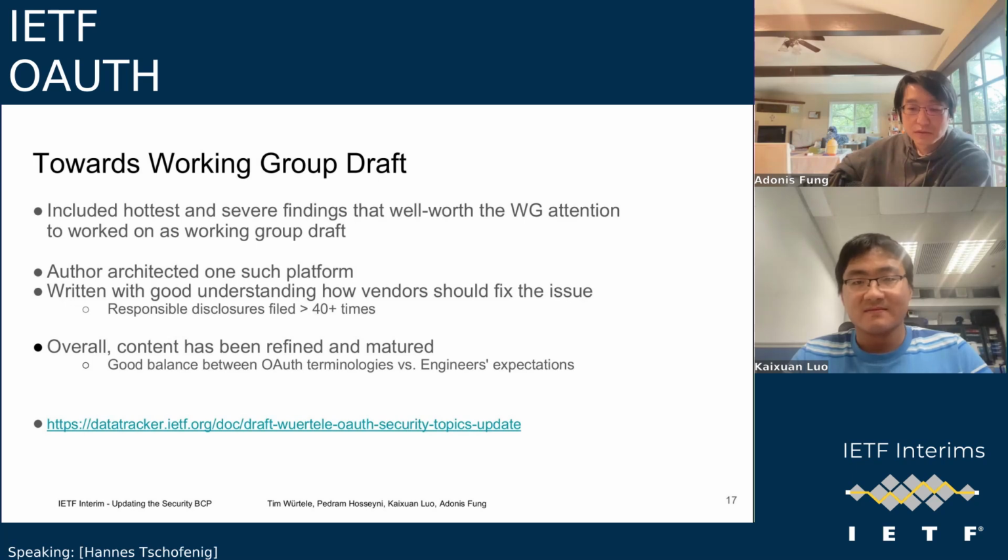A secondary question, which we can decide later, is how would we shape the document in the context of the security BCP that was published earlier? While that's interesting and of course important, it's probably a secondary issue.